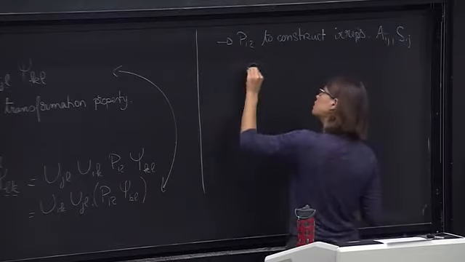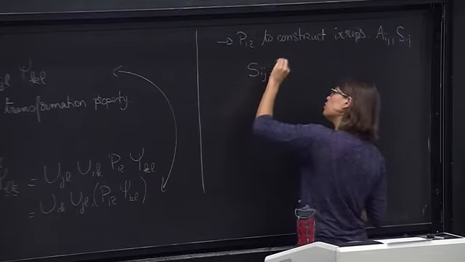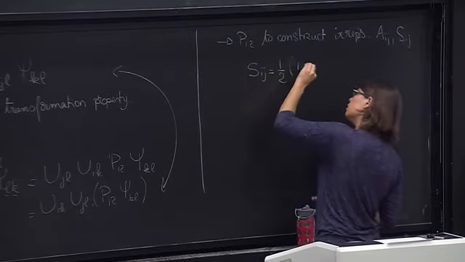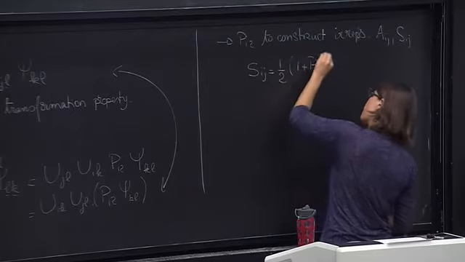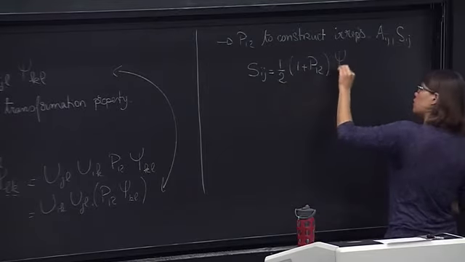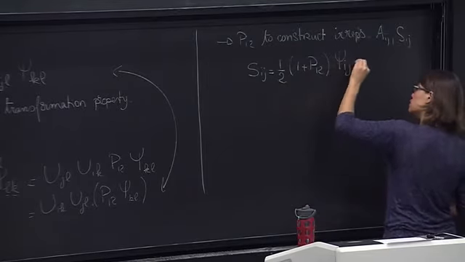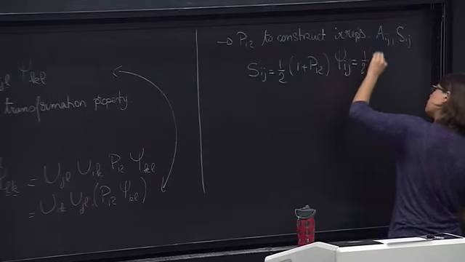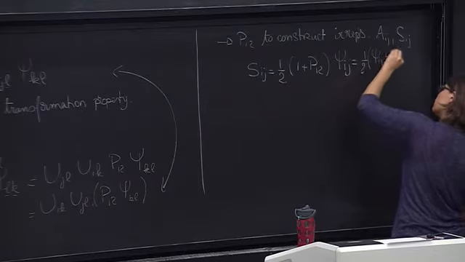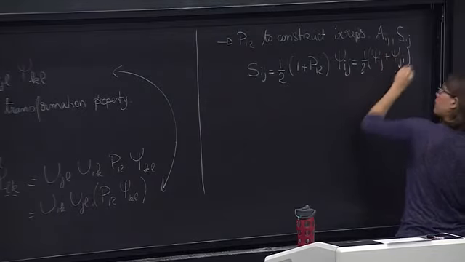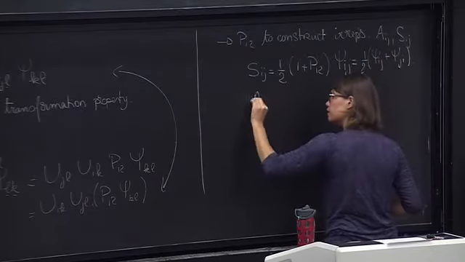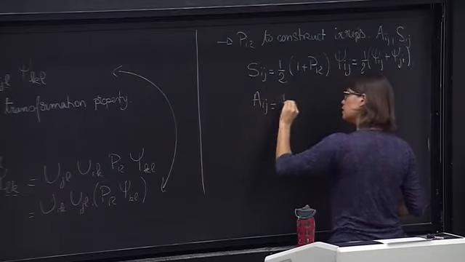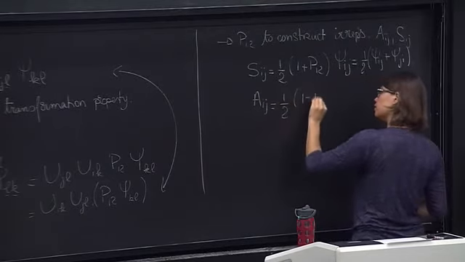And the symmetric part is just going to be one half of the identity plus P12 acting on the initial tensor. And so this means that we get the symmetric part, and of course you define the antisymmetric part quite similarly with a minus now.